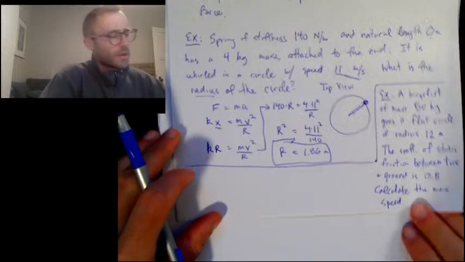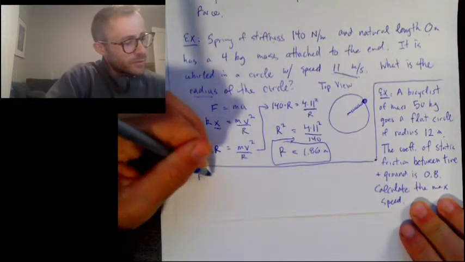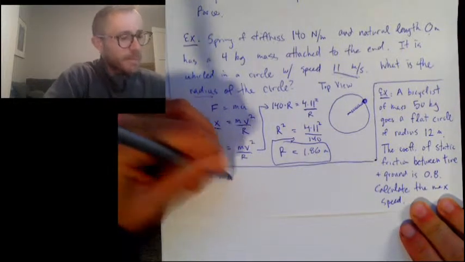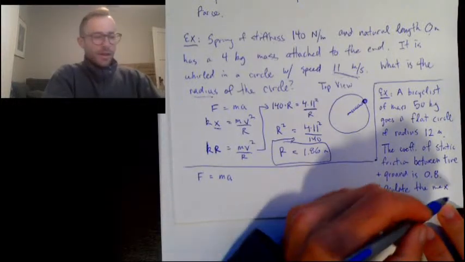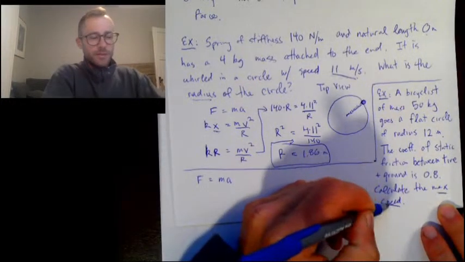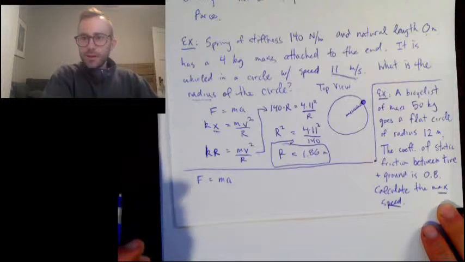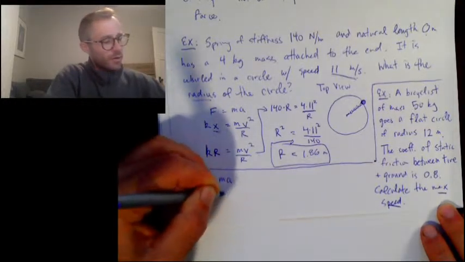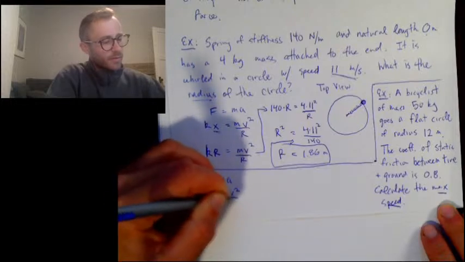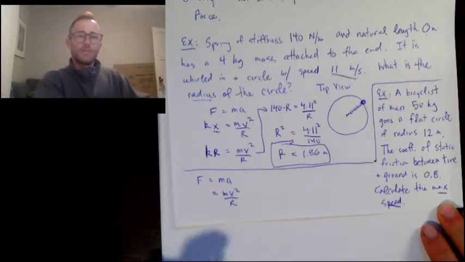Anyways, we're going to start off with Newton's second law. And again, because I'm trying to calculate the maximum speed, I'm going to use the v squared over r version.